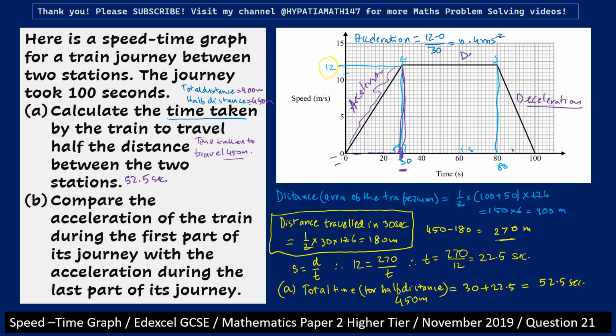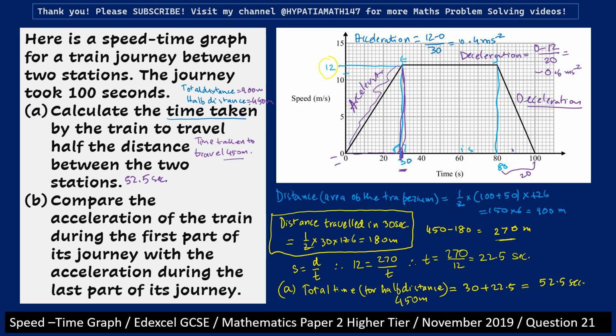And then we can find the deceleration. The final velocity is 0, so it's 0 minus 12 over 20, because this is in 20 seconds. So 12 divided by 20 is 0.6, and that is minus 0.6 meters per second squared. That's the deceleration.